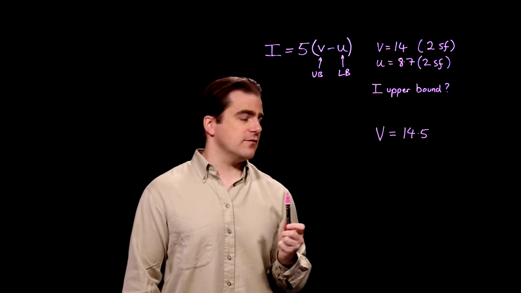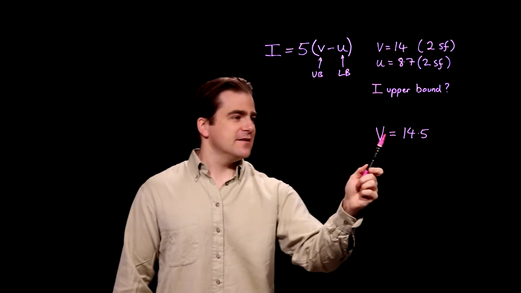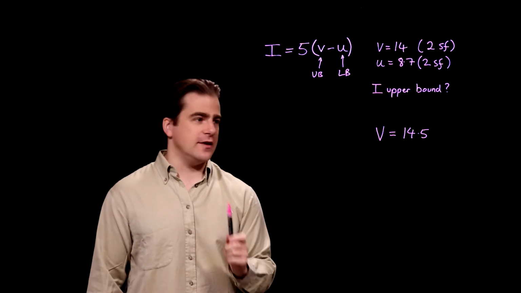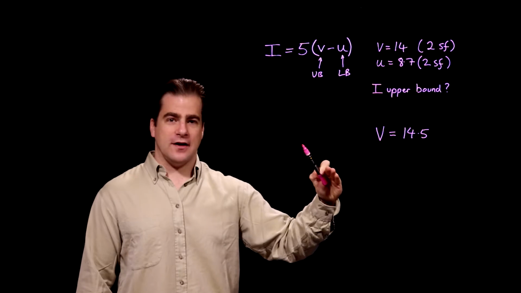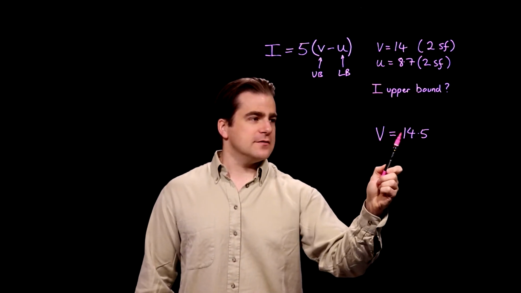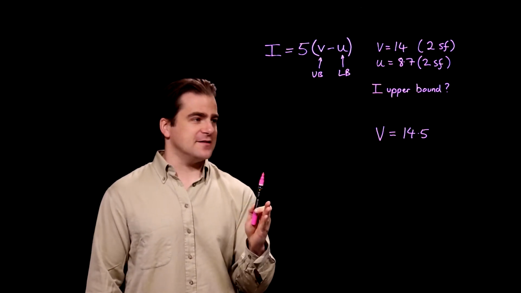So 14.5, actually, you would round up if it was 14.5. You're quite right, you would round up to 15. But that's as big a value as it can be. So just take 14.5 as the upper bound.